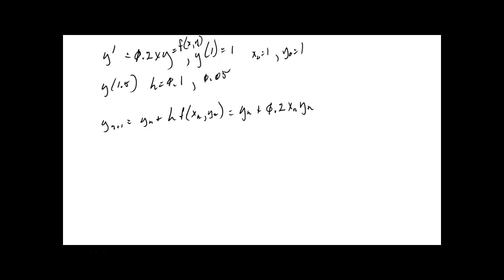Okay. So let's get trucking. You're going to do y1 is equal to y0, which is 1, plus 0.1 times f of 1, 1. Okay? So that's 0.2, because x is 1 and y is 1, right?